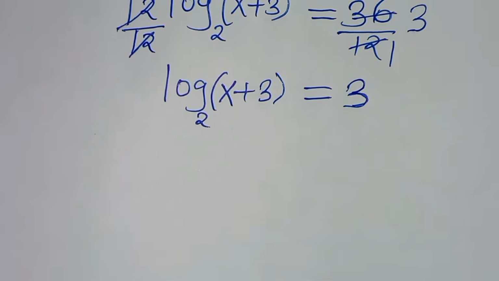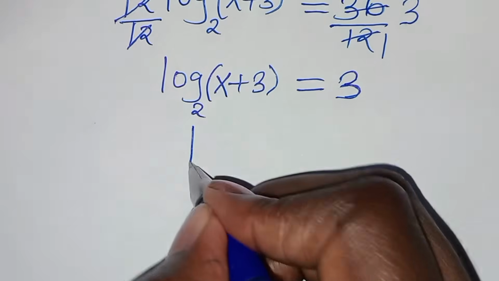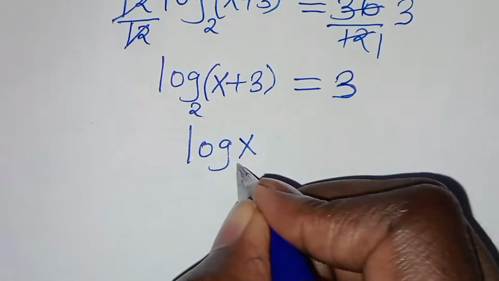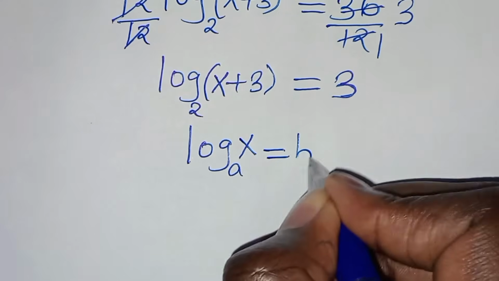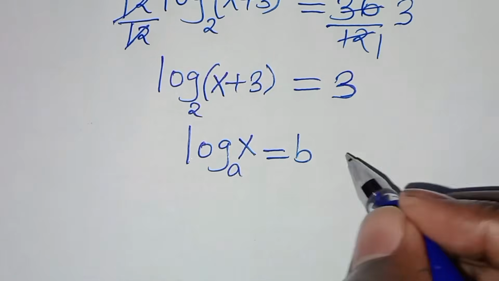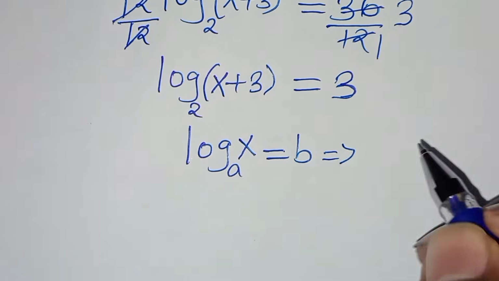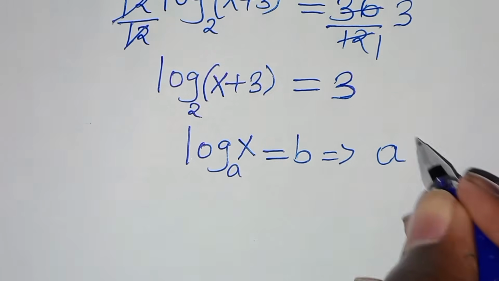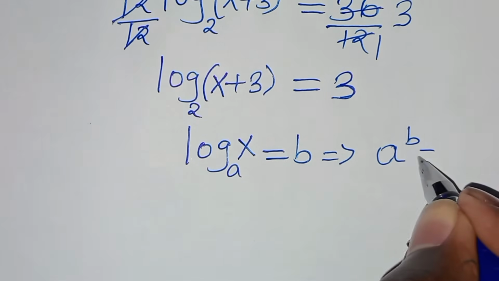Now, in the next step, we have that log x to base a is equal to b. Given log x to base a equal to b, we can express this into index notation as a to the power of b is equal to x.